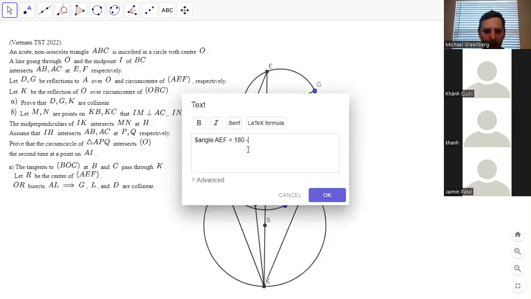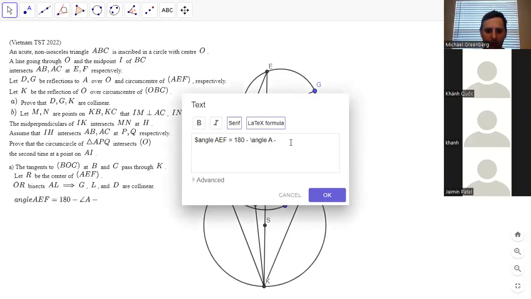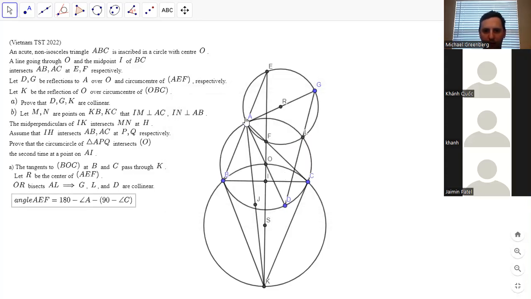That's 180 minus angle A minus this angle, which is 90 minus angle C. And if you simplify that, that would be 90 minus B.